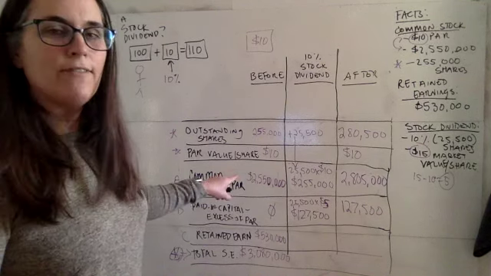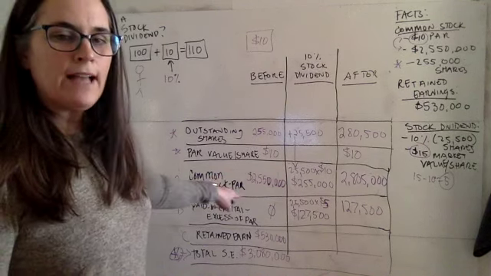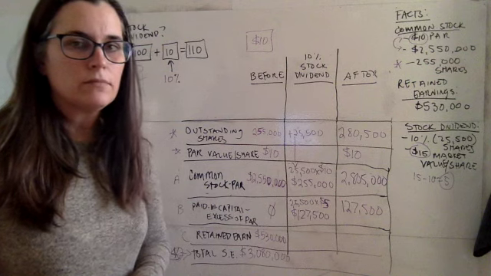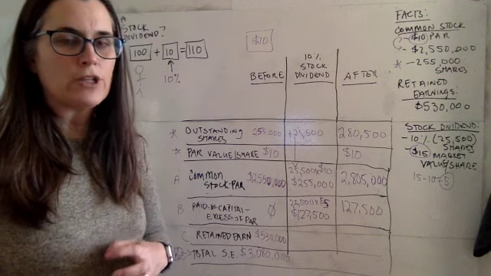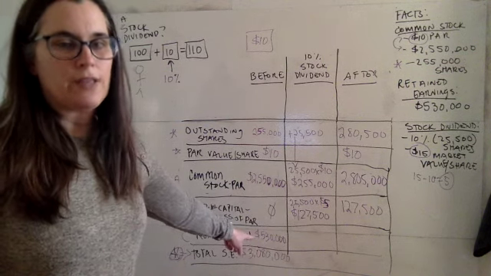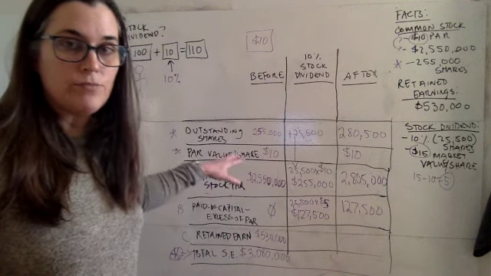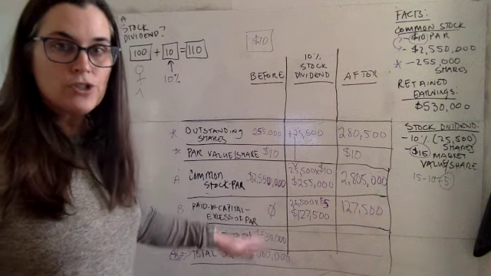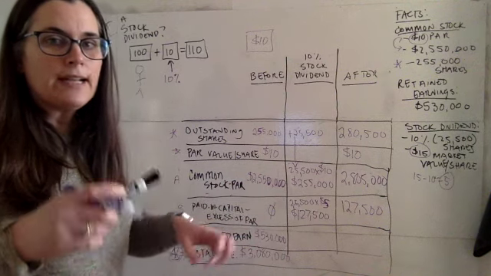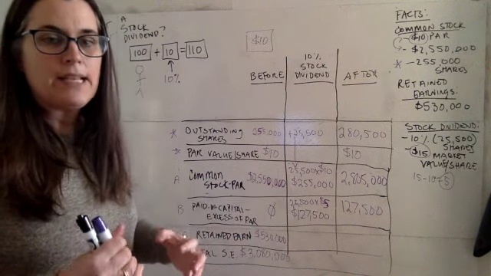So if we have par value going up and paid in capital in excess of par going up, where is this value coming from? That's the next logical question. It's coming from retained earnings. So just like with the cash dividend, we distribute cash and cash goes down and then retained earnings goes down. A similar kind of mechanic is happening here.